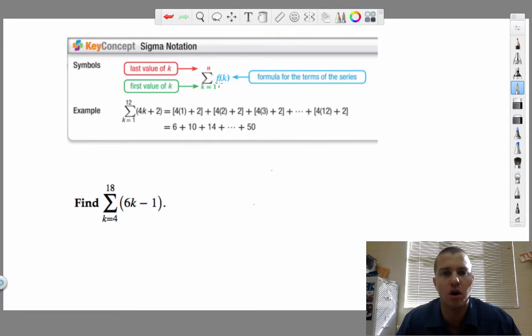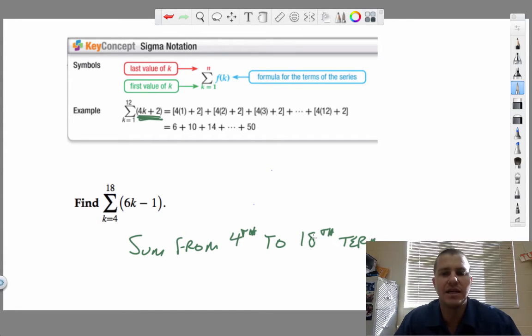So what term number it starts with and what term number it ends with, and you're finding the sum of all of the ones in between. So this one is referring to the sum of this series that has this equation from the first term to the 12th term. Okay, so here I want to find the sum from the 4th term to the 18th term.